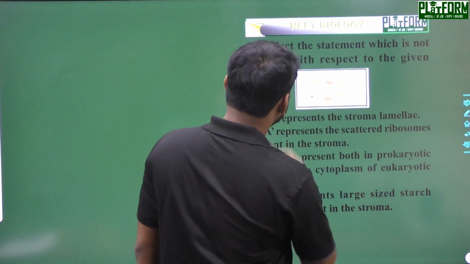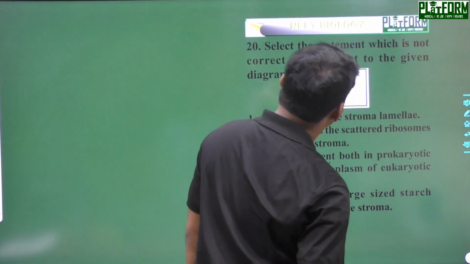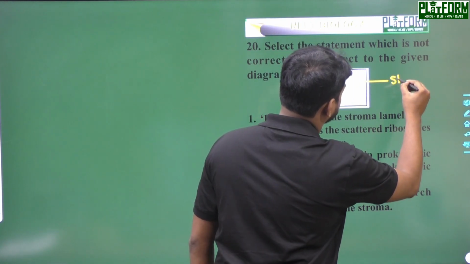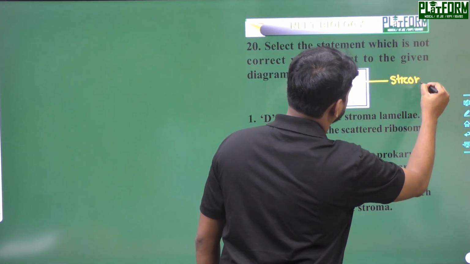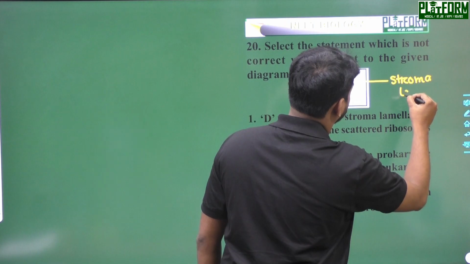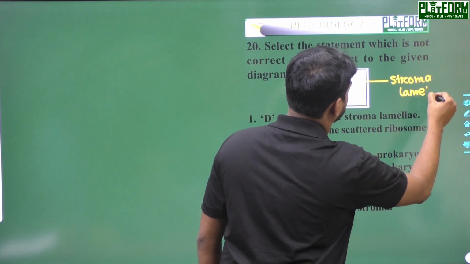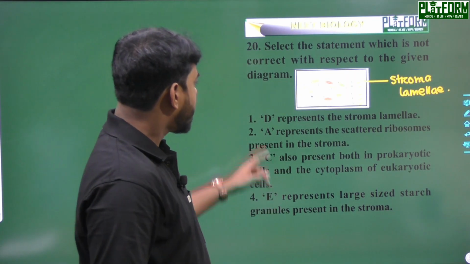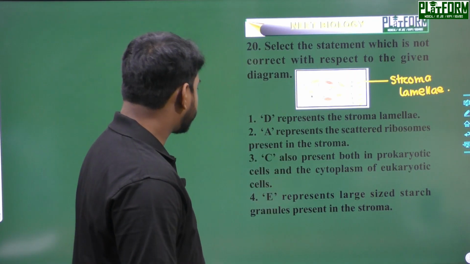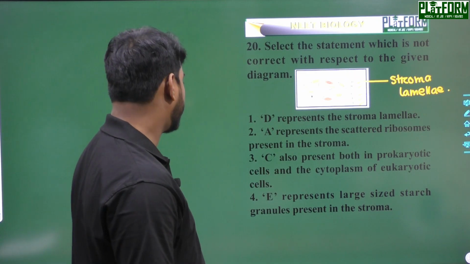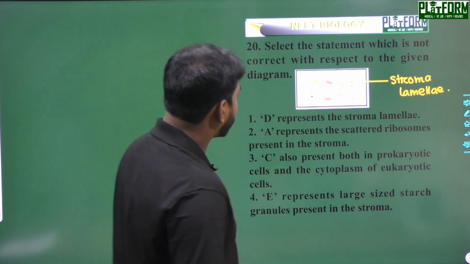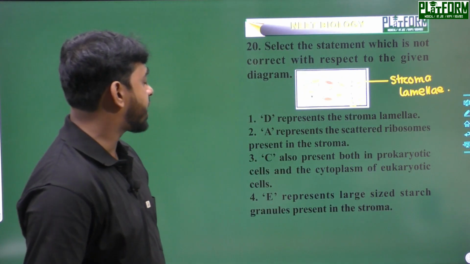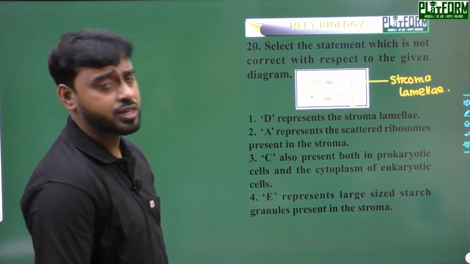Now D represents the stroma lamellae. Definitely the D is a stroma lamellae. A represents the scattered ribosome which is present in the stroma.